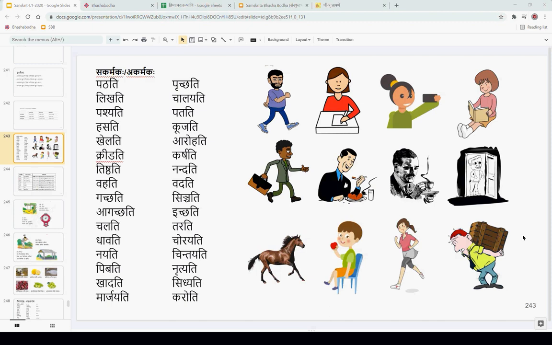Like balaka pustakam patati. Patati is a kriya padam with sakarmaka dhatu pata. Then it expects a karma padam, a nama padam in dvitiya vibhakti form.